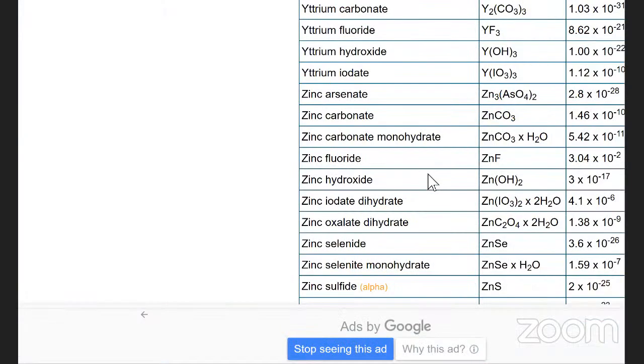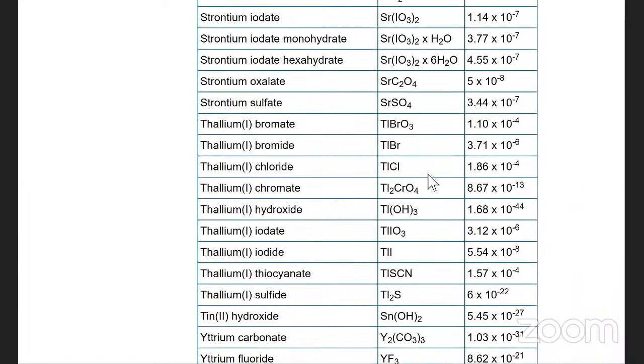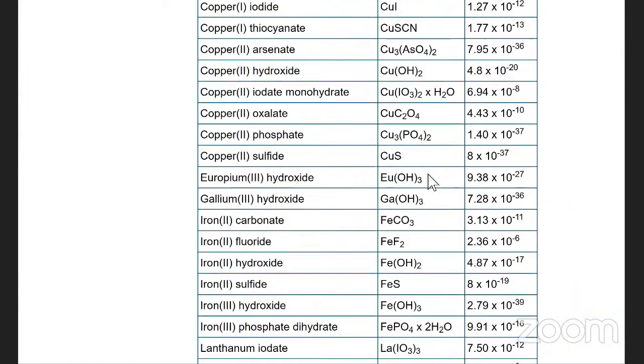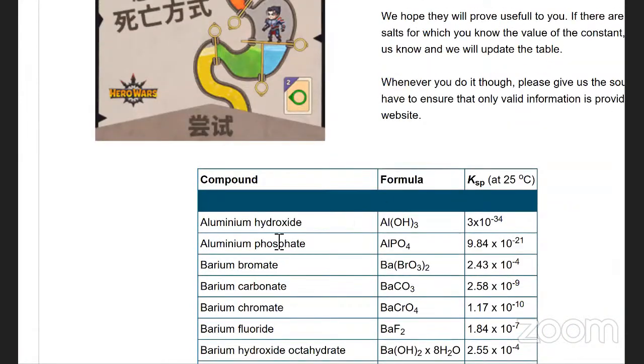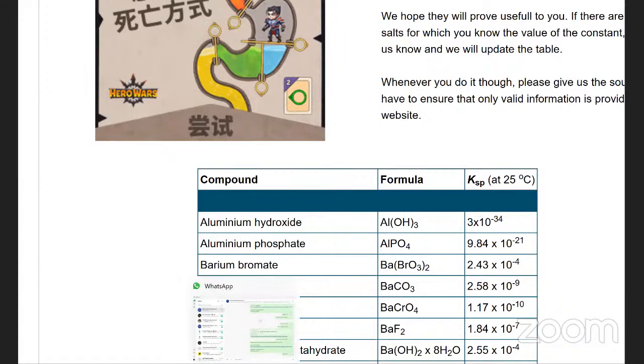So either table say I'm going to pick a KSP value. Let's say, वो aluminum hydroxide pick कर लेते हैं. Aluminium hydroxide was what? 3 times 10 to the power minus 34. So I'm going to try and find out what is the concentration of aluminium hydroxide in this solution. This is the Ksp value. I'm going to try and figure out the concentration.